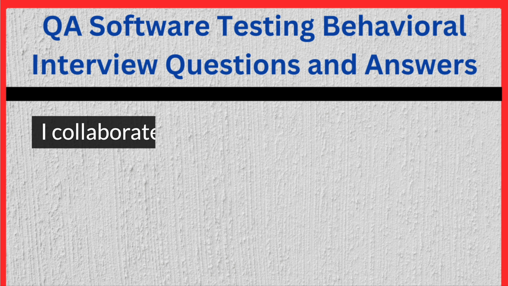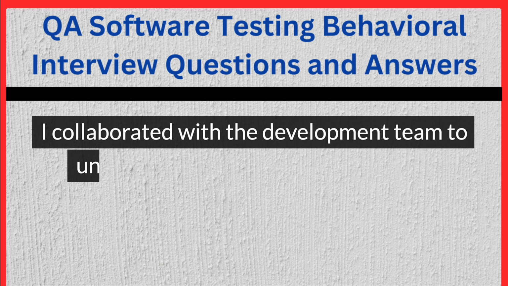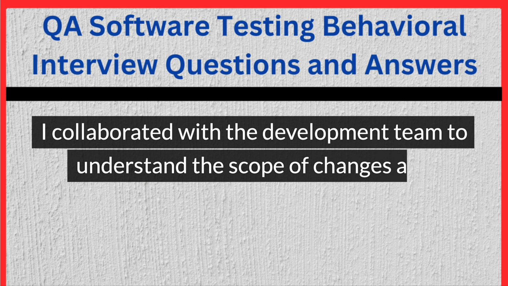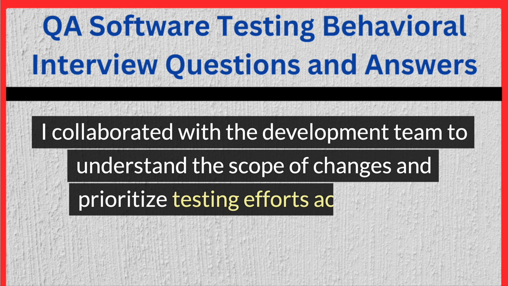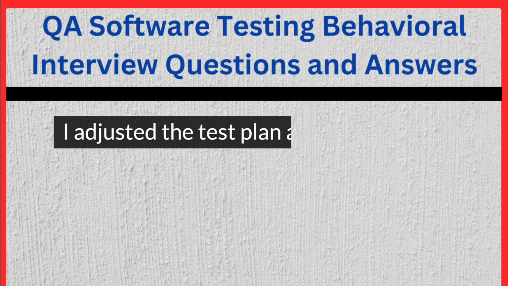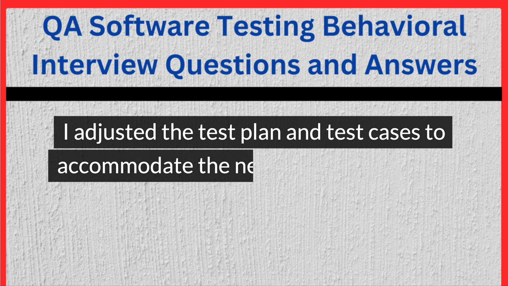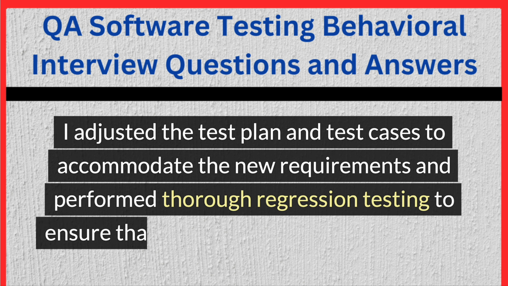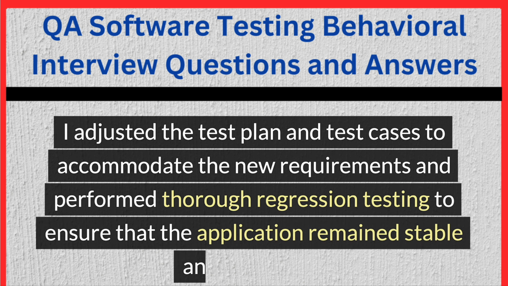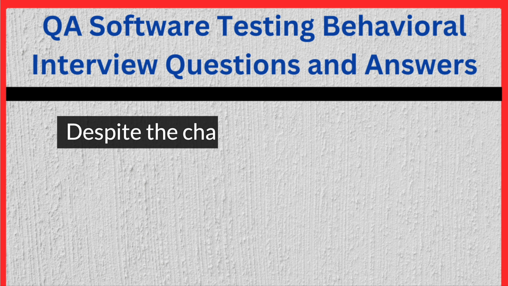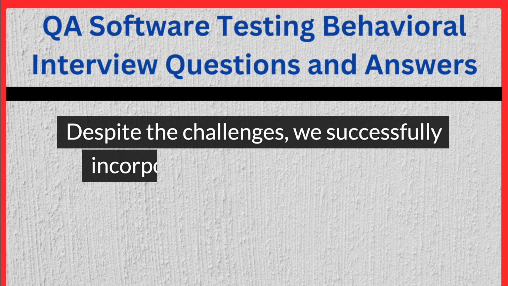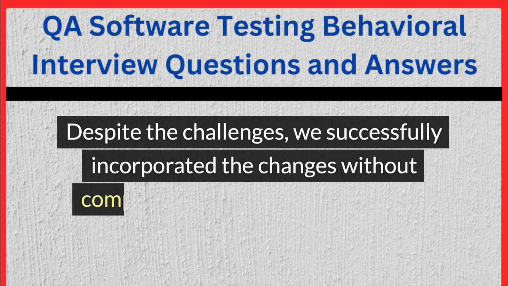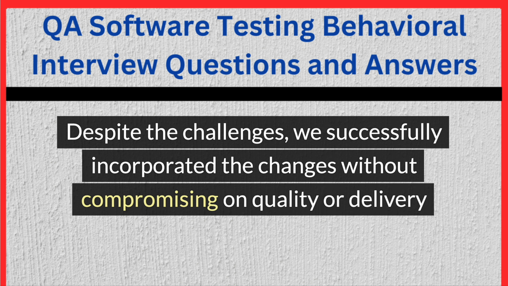I collaborated with the development team to understand the scope of changes and prioritize testing efforts accordingly. I adjusted the test plan and test cases to accommodate the new requirements and performed thorough regression testing to ensure that the application remained stable and functional.